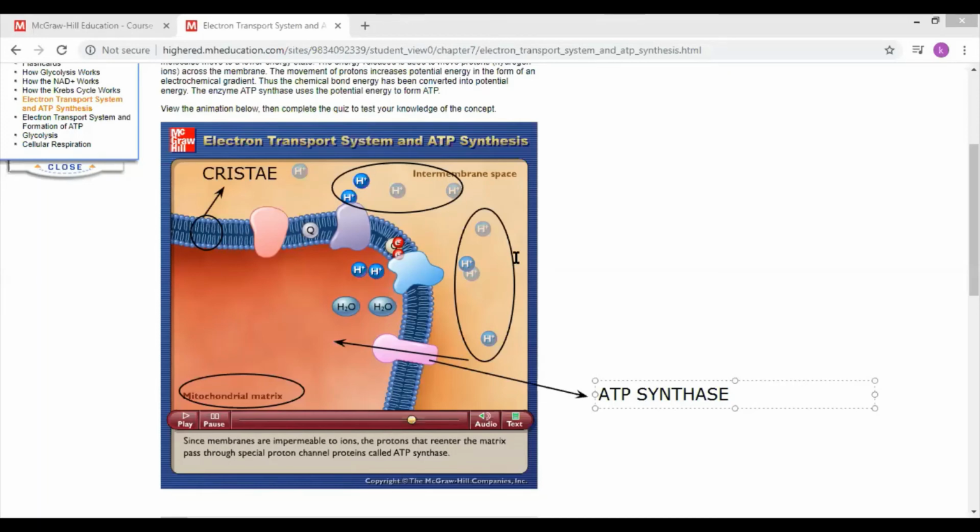Then those H+ will diffuse into the matrix. By this, they are going to add phosphate, forming adenosine triphosphate.